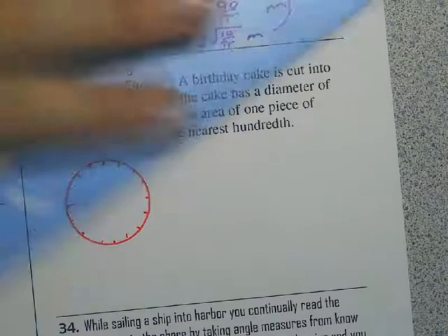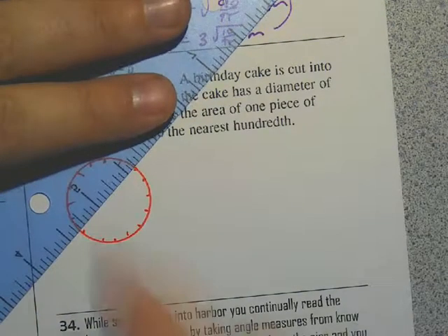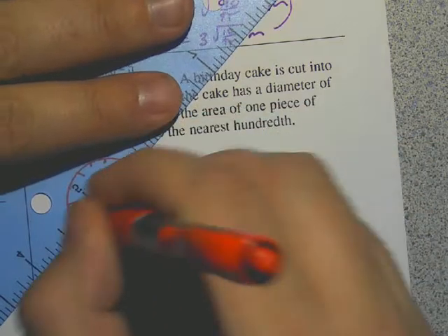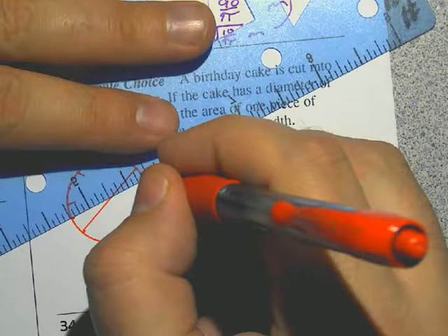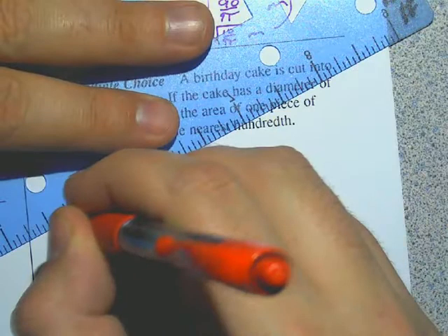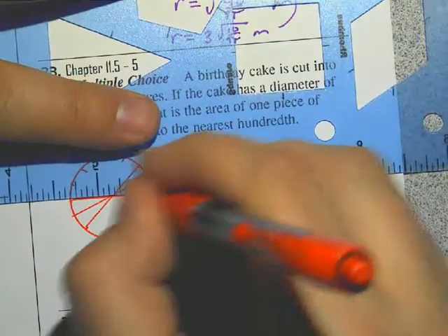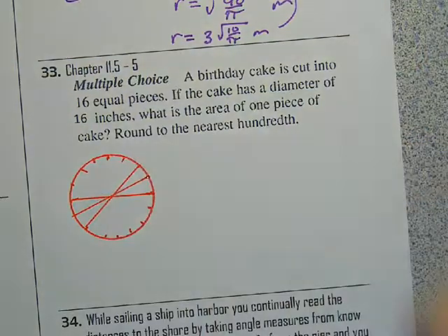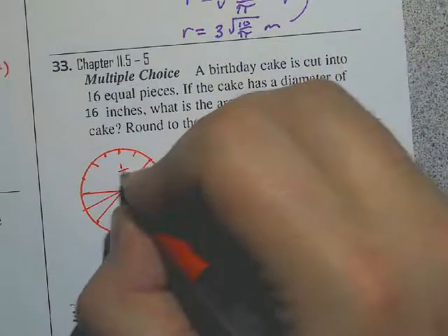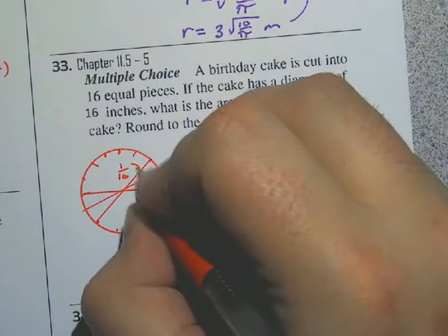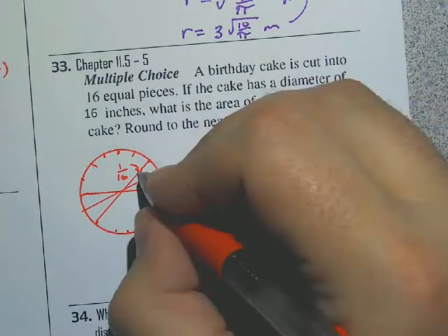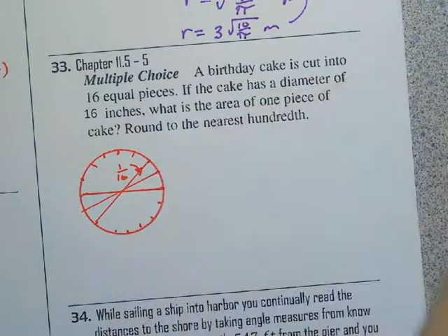All right. So if I just connect a couple of these to get some slices, that's all I really care about, a couple of them. I know that there's going to be 16 total slices. So each of these slices will be 1/16 of the cake. Okay, that slice is 1/16 of the cake.